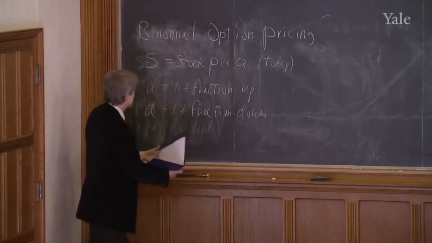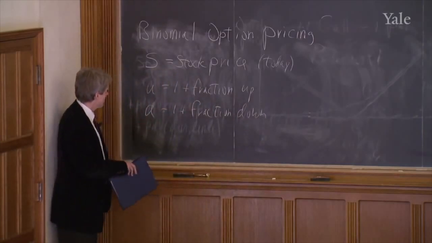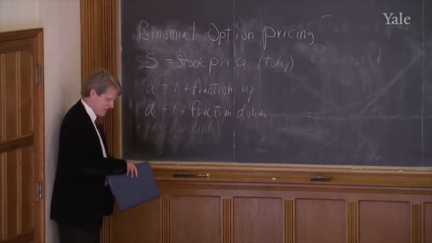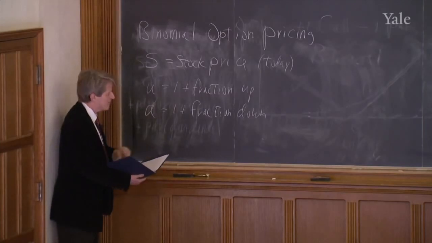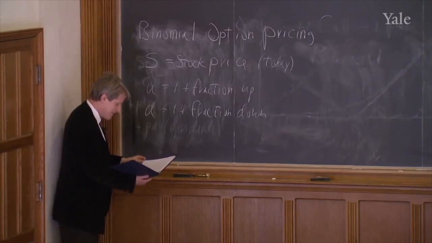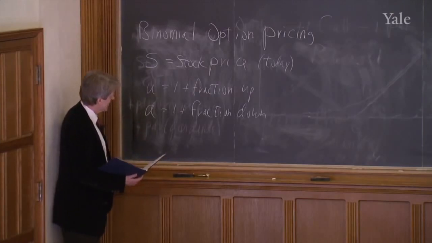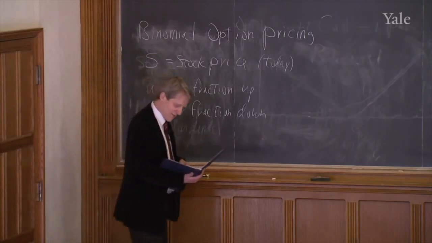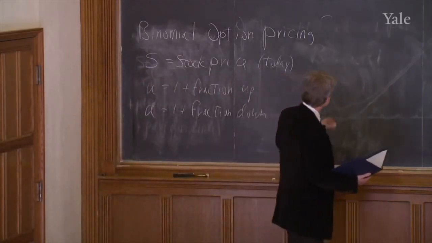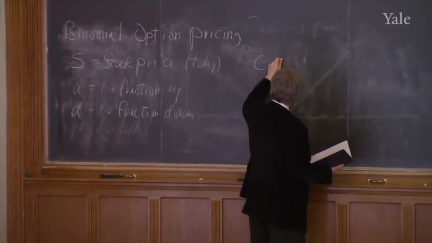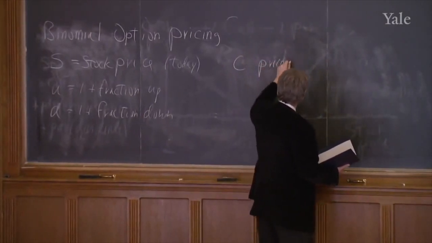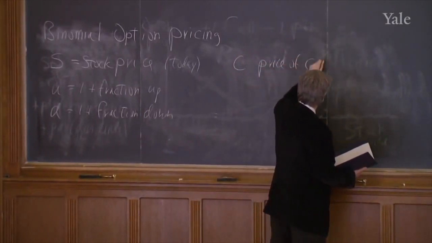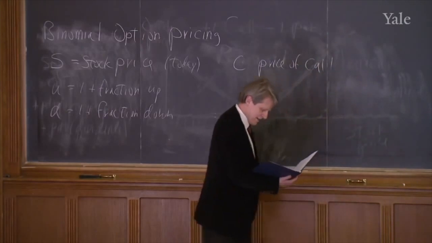So that means that the stock price either becomes SU, which means it goes up by a multiple U, or it is SD, which means it goes down by a multiple D. And that's all we know, okay? But now we have a call option. Call C the price of the call. We're going to try to derive what that is.